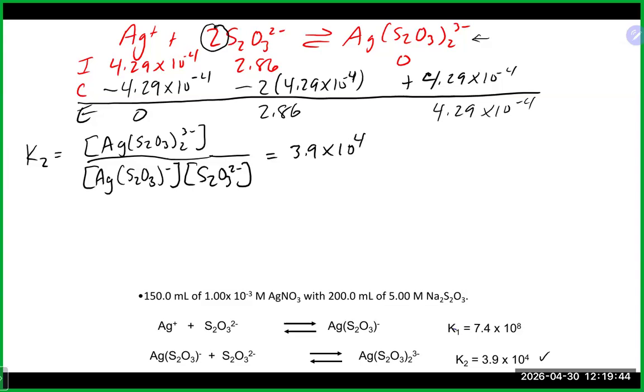Now, the question people always ask at this point is, don't you need to square this guy? Why am I not squaring that guy? Because I'm not using the overall reaction here, right? And if I were using the overall reaction, I should be using the Kf value I calculated, but I'm not. I'm using specifically the second step where clearly the coefficient here is 1.